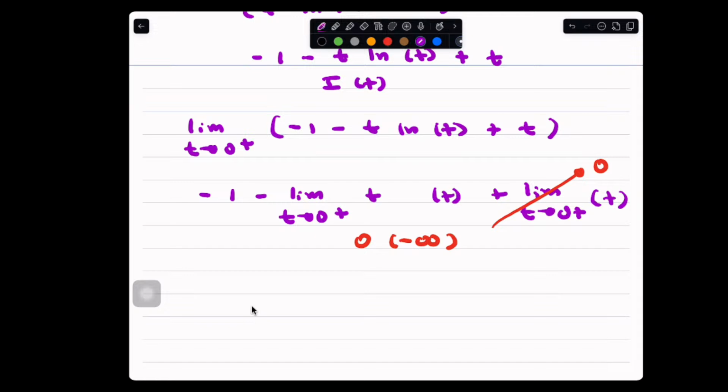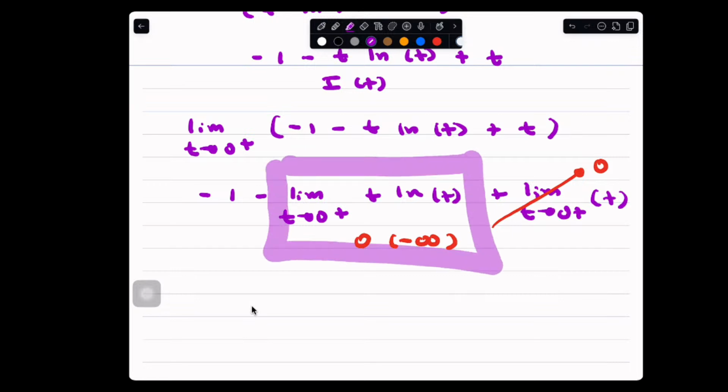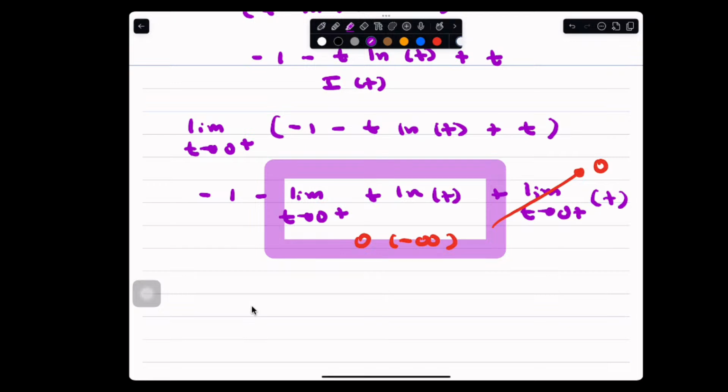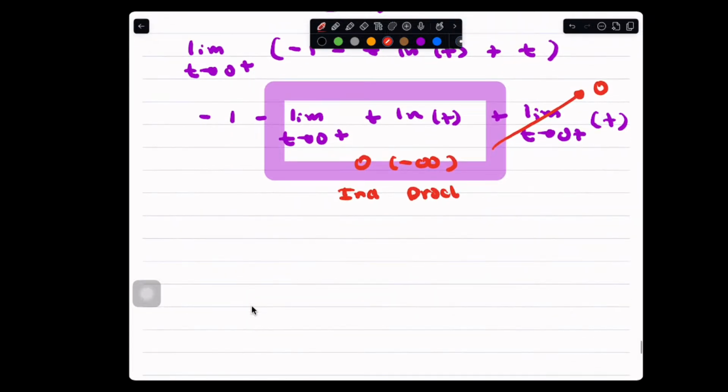Okay, let's find out the limit. This is another example where we have an indeterminate product, and that indeterminate product requires us to fix this, and then we use L'Hopital's rule. And so the fix, I'm going to put in black here.